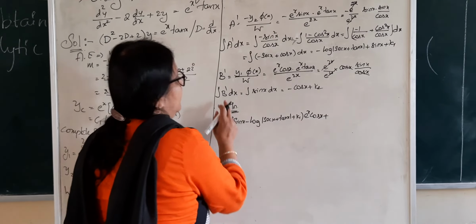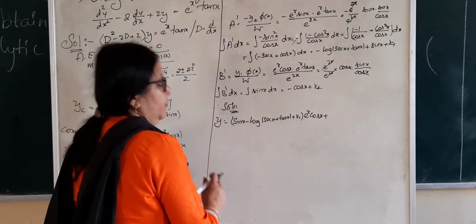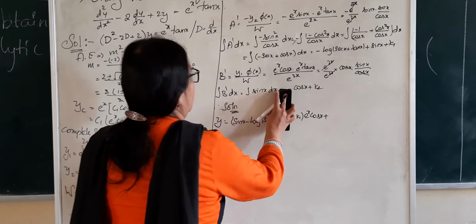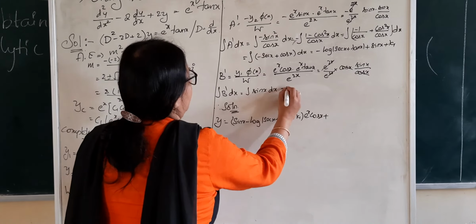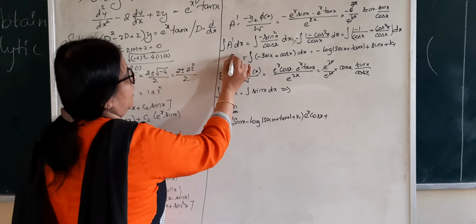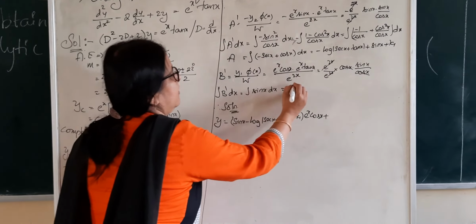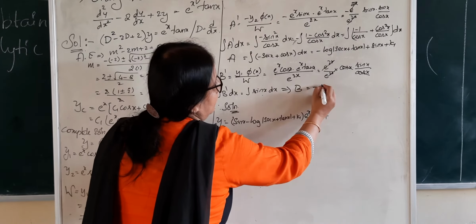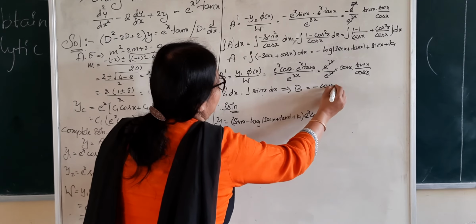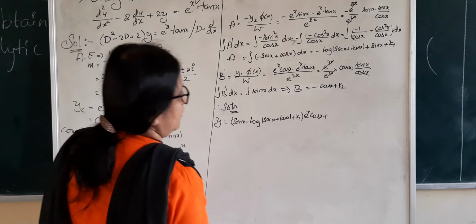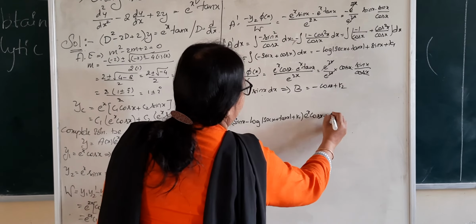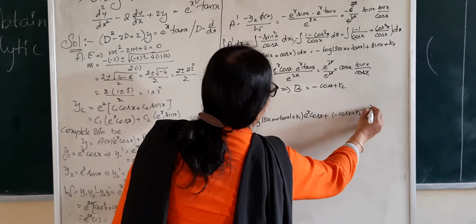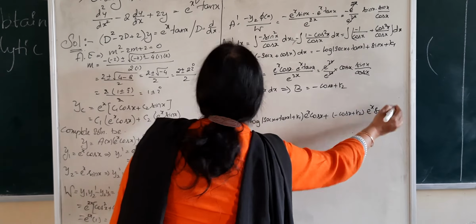This represents b dash of x dx, and the integral of b dash is nothing but b, therefore it is equal to minus cos x plus k2. So we replace here: minus cos x plus k2 into e power x sin x.